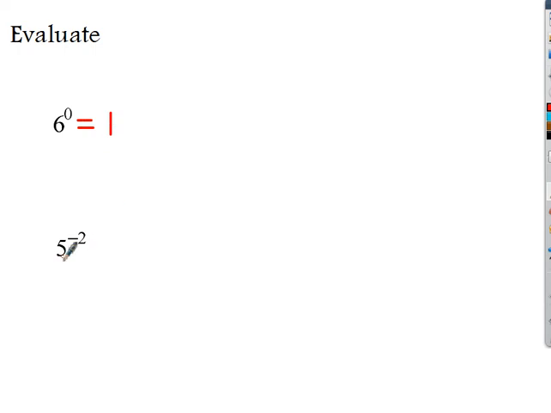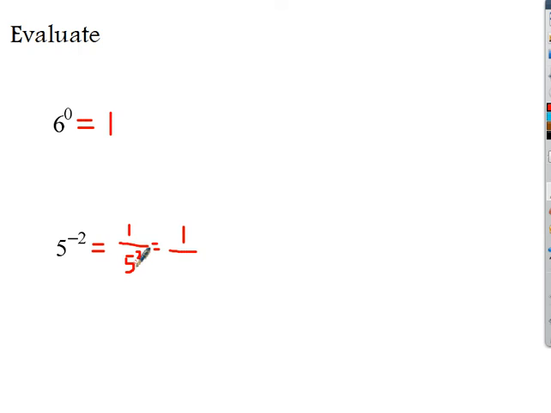Let's do 5 to the negative 2nd power. My rule says I'm going to put 1 over and then put this power in the denominator, only I will remove the negative from the exponent. So that becomes 5 to the second power. If I wish, I can continue to evaluate.